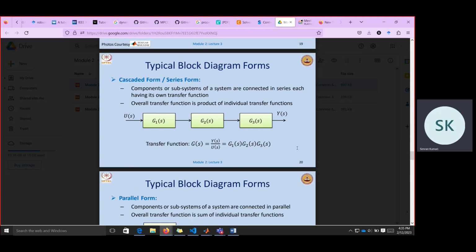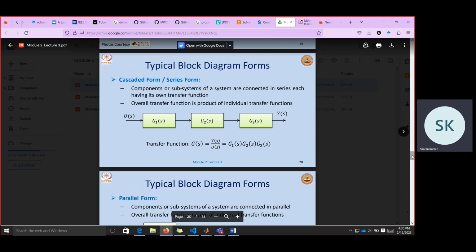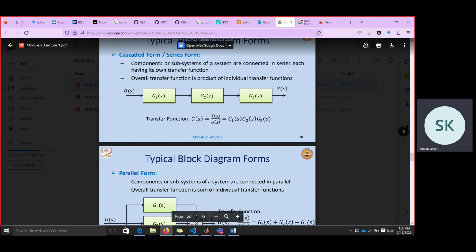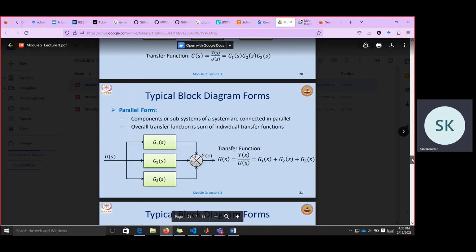This is the case when there is no loading. In case of energy loss or something, this is not valid, so we have to analyze the overall system and then find the transfer function. Then we had the parallel connection of systems, where the transfer function of the whole block diagram is the sum of the transfer functions.